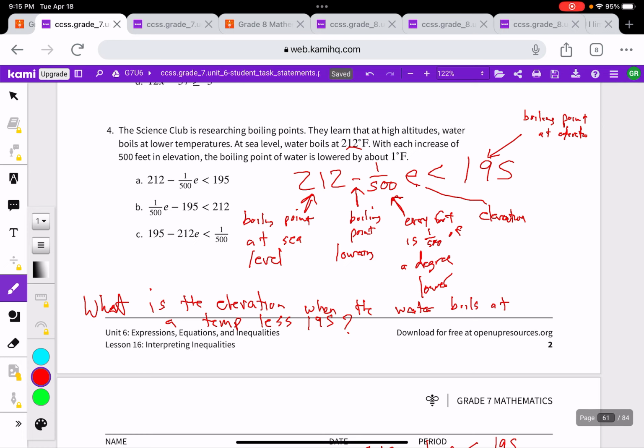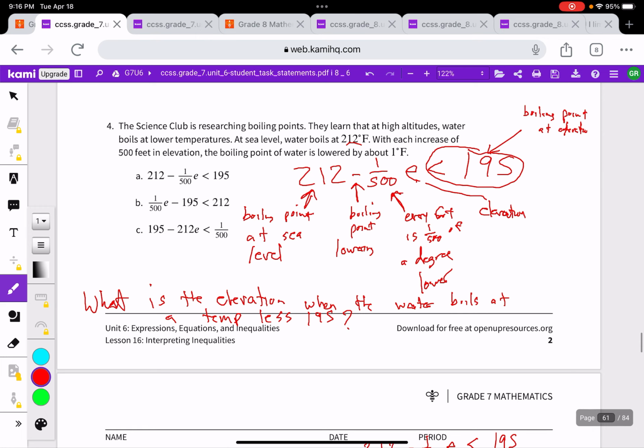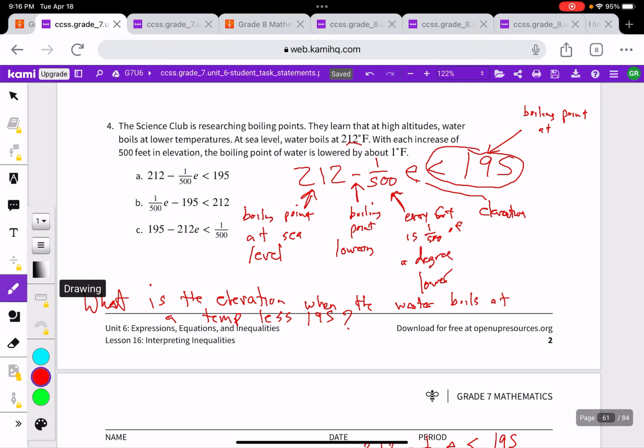And you don't have to write that. If you can't read that, I don't blame you, because I can't even. I just wrote gibberish. So that's the boiling point at elevation, right? And maybe I'm going to circle that and draw an arrow. That's the boiling point at less than 195.